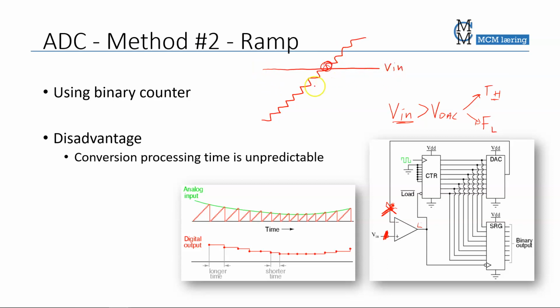So at that point, the output here changes to a low, and this one becomes active. And also this, which means that you reset the counter back to 0 again and start counting again. So that is what this does.